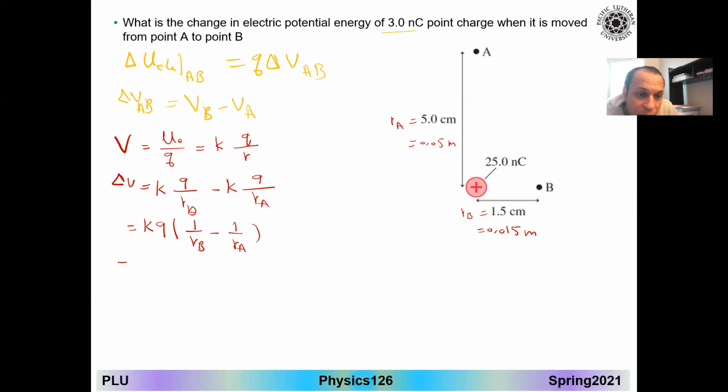Let's plug in the numbers. K is 9 times 10 to the 9 newton meter squared divided by coulomb squared, multiplied by the charge that we have, 25 nano, 25 times 10 to the minus 9 coulomb, multiplied by 1 over 0.015 meters minus 1 over 0.05 meter.